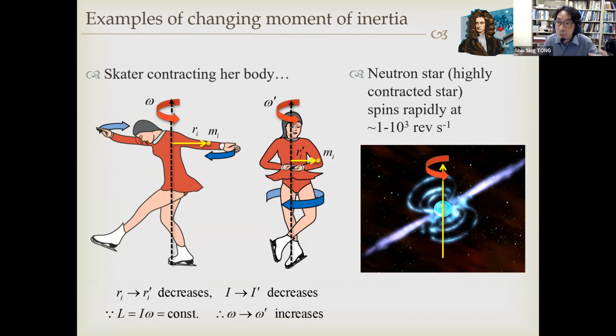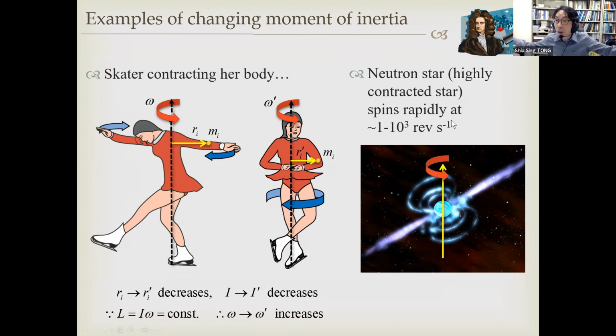At the end of a star's life, the star contracts under gravity very violently, such that all the mass is contracted into a small sphere that is as small as Hong Kong. It may be about 20 kilometers in diameter, which is very small. And in that 20 kilometer diameter sphere, it carries the mass of the whole sun, or even larger. So that is a neutron star.